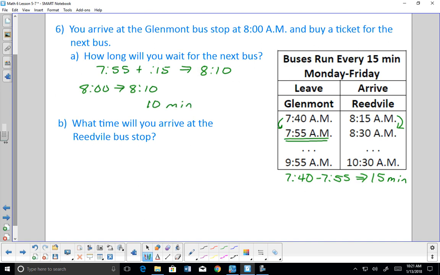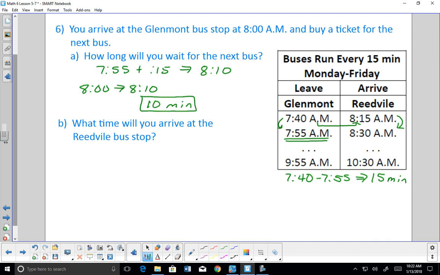Okay. If you catch the 8:10 bus, what time will you arrive at the Reedville bus stop? Now this is important. Okay. What time will you arrive at the Reedville bus stop? Now let's look at here, 7:40 a.m. to 8:15 a.m. That means if I leave at 7:40, I'm going to arrive at Reedville at 8:15. I need to know how long that was.